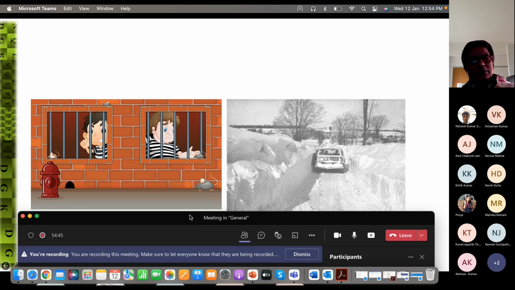Now, if both of them keep quiet and don't blame each other, then both of them will have the lower penalty. But it always happens that both of them get the high penalty, because both of them tell on the other person, and so both get a harsher penalty. That's usually what happens. So that's the prisoner's dilemma.